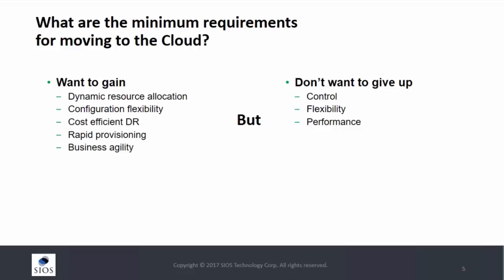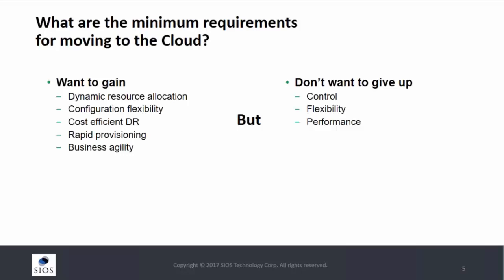You want to have all of the positives of moving to a cloud environment, but you want to make sure you still have control of your servers, of your application's environment stack, and also control about who has access to that stack. We don't want to give up any security measures as we move to the cloud. And in terms of flexibility, we also don't want to be forced into a particular architecture.